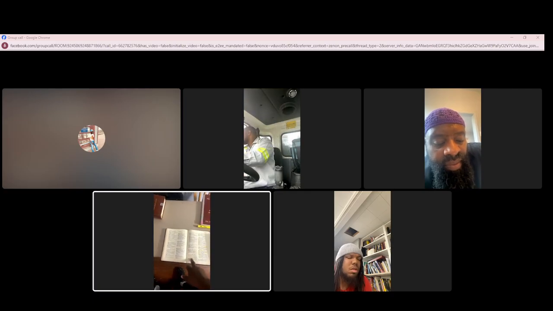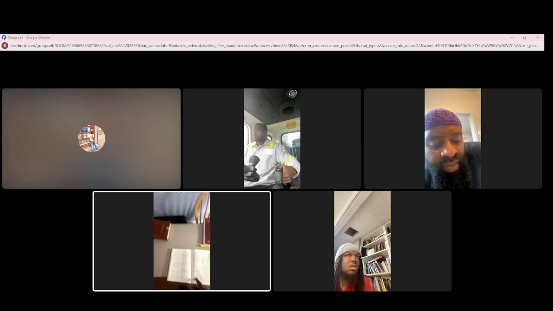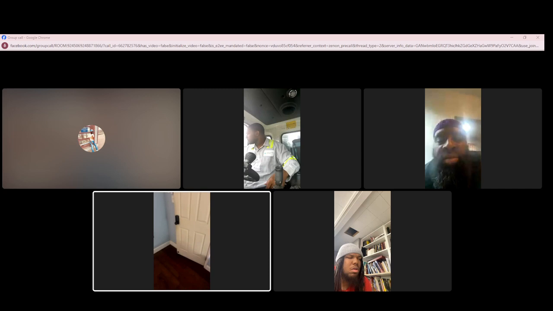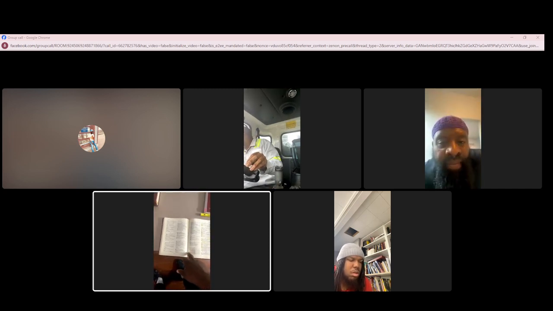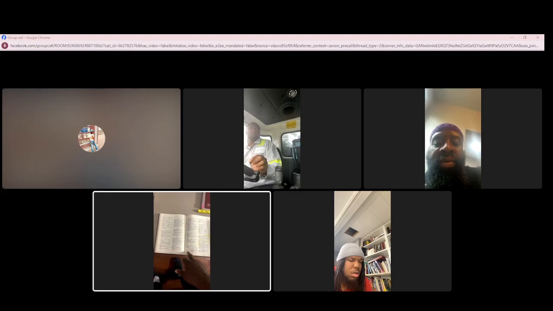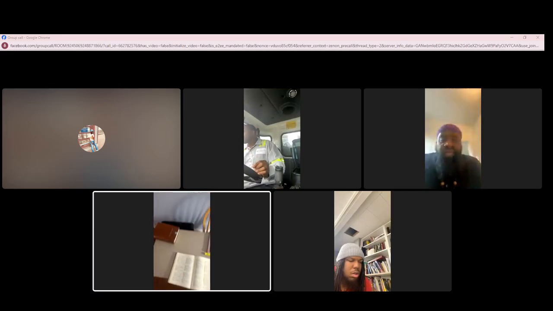Looking at it, this is a hifil stem first common singular perfect verb with a second masculine singular pronoun suffix, and my shortest root will be yod tzadi aleph. In other words, they were caused to be brought out from where? Me'eretz, from the land, out of the land of what? Mitzrayim, from the house, preposition, masculine singular construct noun, what? Avadim, servitude.